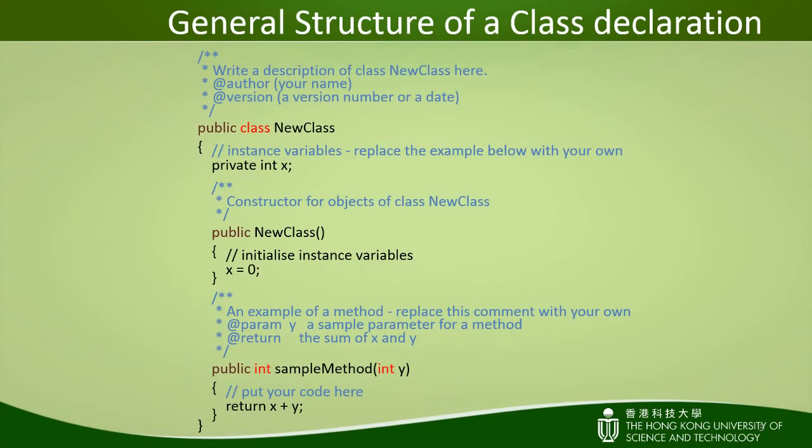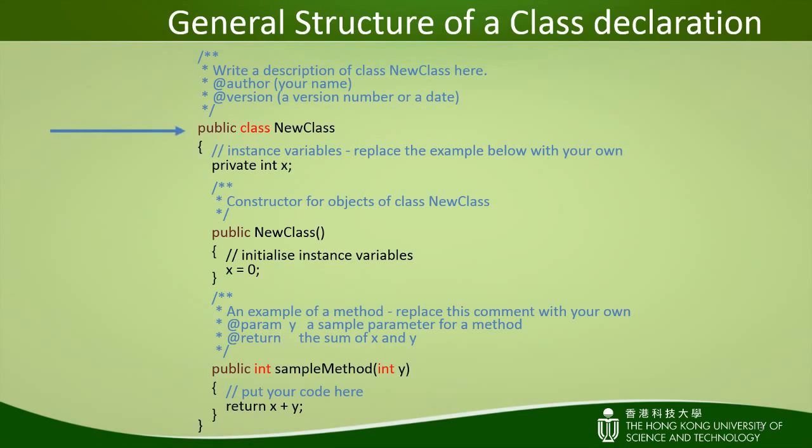This special form of writing comments is for creating a special kind of document called JavaDoc. If you look further down, you will see another comment in blue that starts with double slash. This is another way of writing comments. I'll come back to the topic of comments later when we discuss program documentation in more detail.